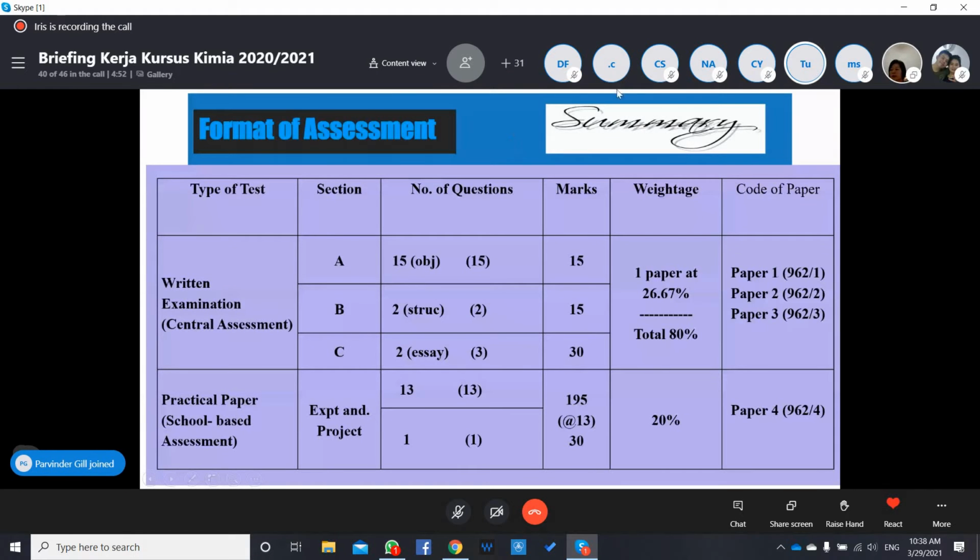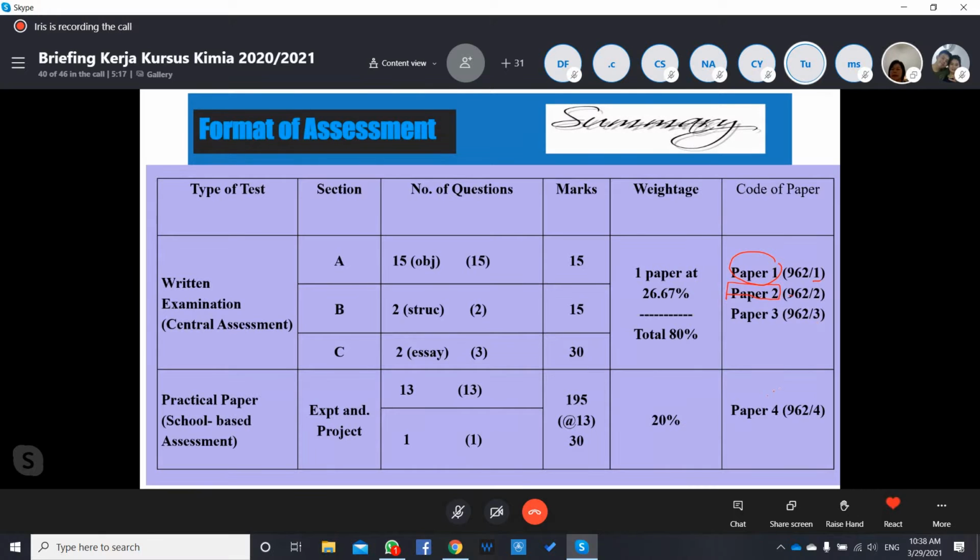So the summary of the format of assessment of chemistry paper: you have paper 1, which is 962/1. This is the SEM 1 paper, you have done it. This semester you will be doing the SEM 2 paper, which is 962/2, and SEM 3 will be 962/3.